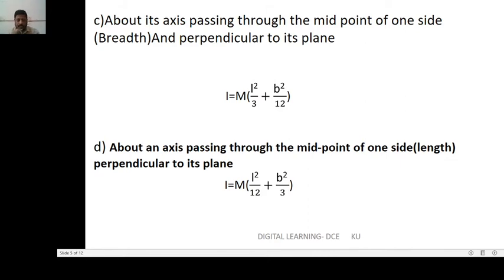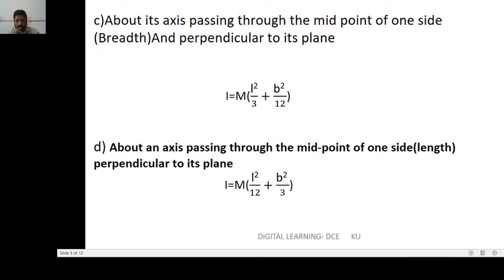Third one, the moment of inertia about its axis passing through the midpoint of one side, that is breadth, and perpendicular to its plane is given by the formula I equals m into L square over 3 plus B square over 12.